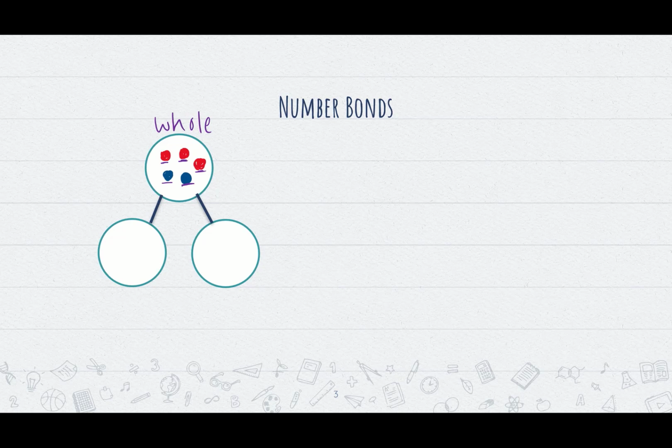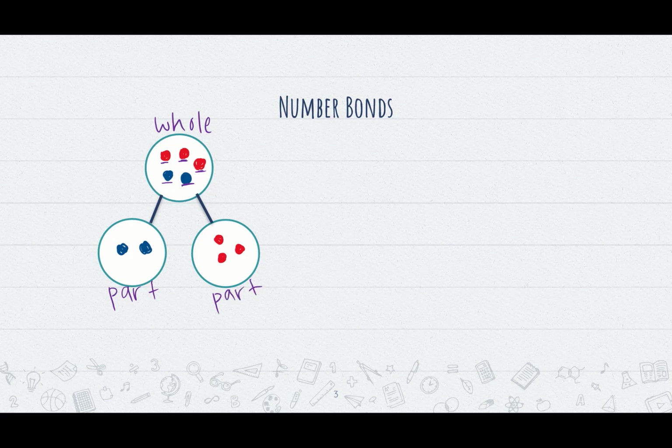And I have 3 red and 2 blue. So now I'm going to break up my 5 into 2 parts, my whole of 5 into 2 parts. I'm going to have my blue parts and my red parts. So I broke up my whole into 2 parts. So a part here and a part here.